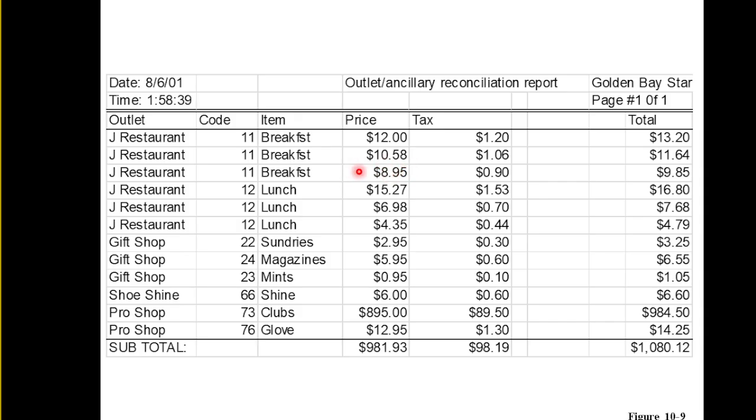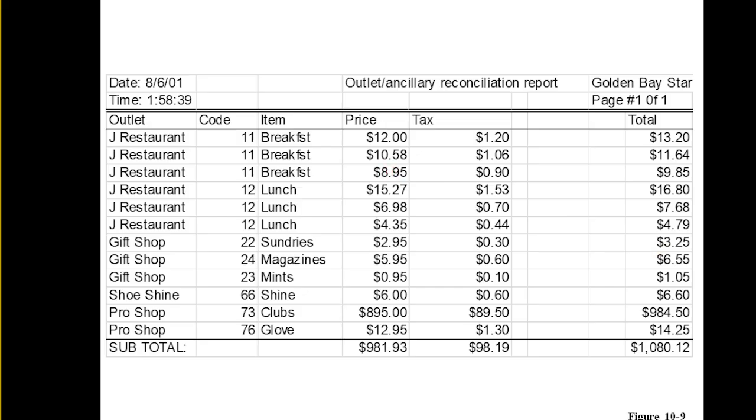For the total, you just add the three for breakfast, then another addition for lunch. For breakfast, $12 plus $10.58 plus $8.95 is basically a total of $34.69.